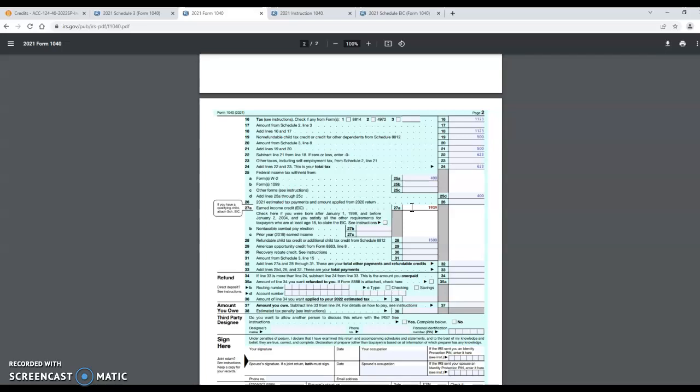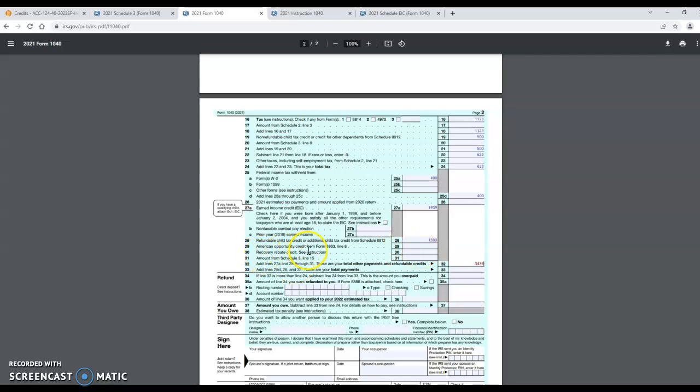Okay, if John doesn't have anything else, we can now finish up his return. We've got the 1939 and the 1,500 from his refundable child tax credit, and that equals 3439.